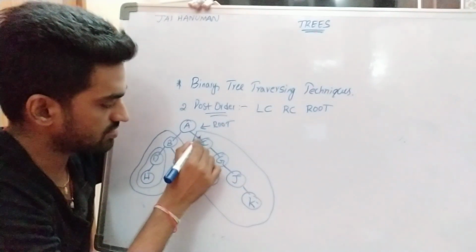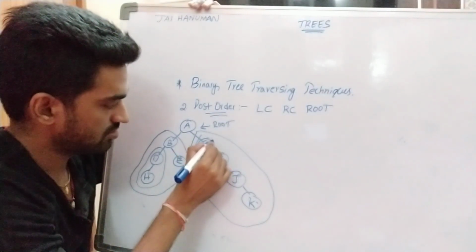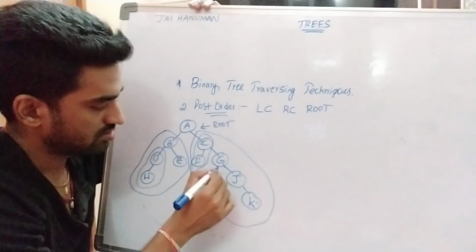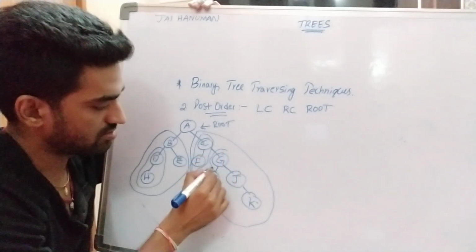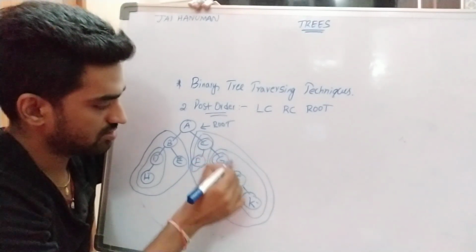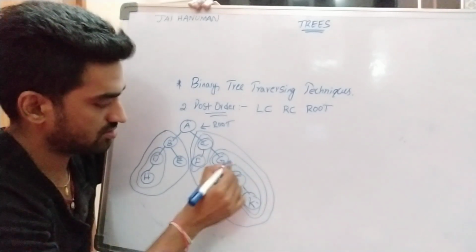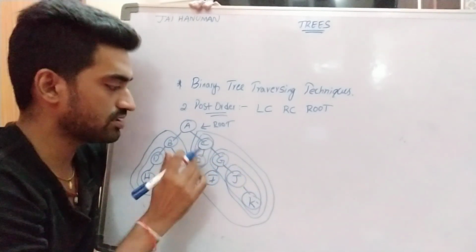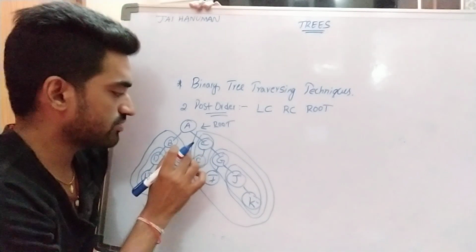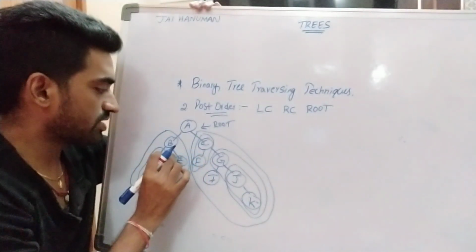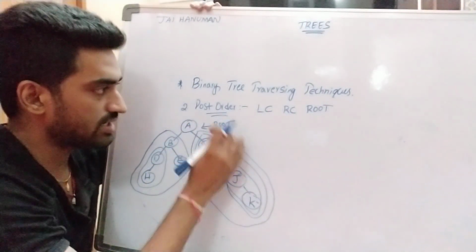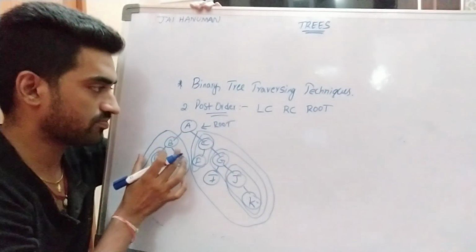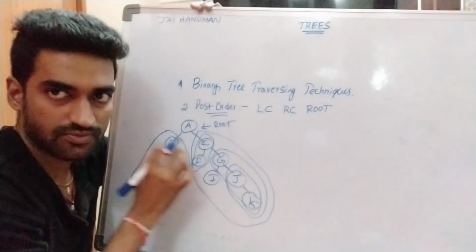So this is also one subtree. This is also one subtree. This is also one subtree. Right? So these are the subtrees. So here first of all start from the left child. So left subtree in post order format, right?